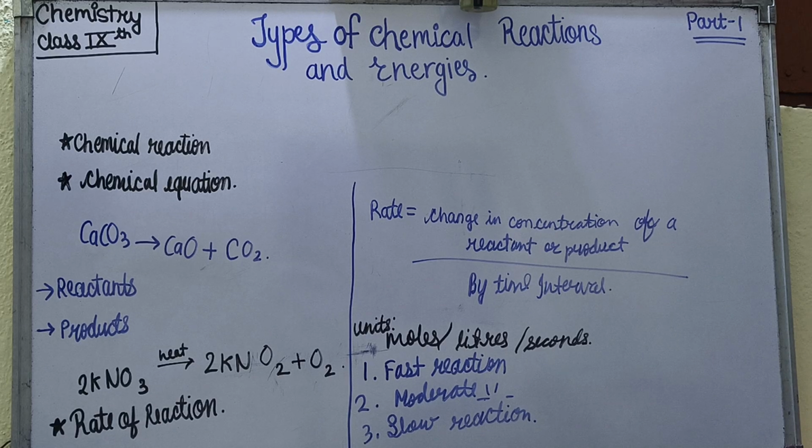I hope you have understood till this in part 1. In part 2, we will learn factors affecting the rate of reaction. After that, we will learn reversible and irreversible reactions.